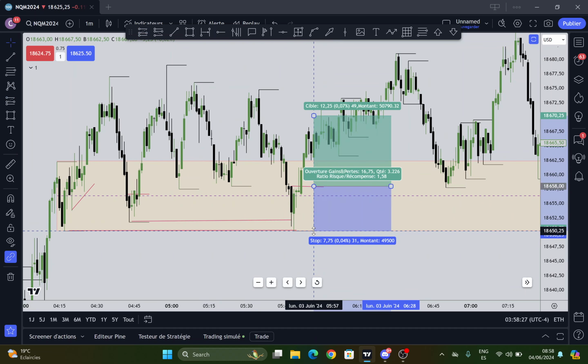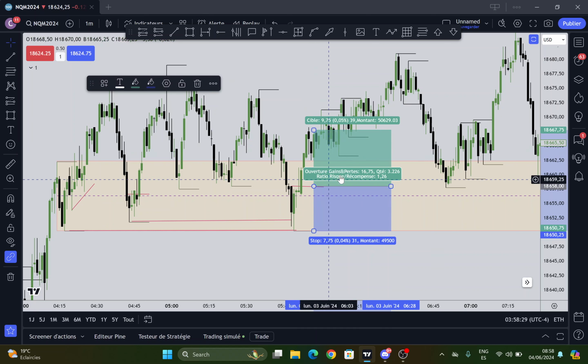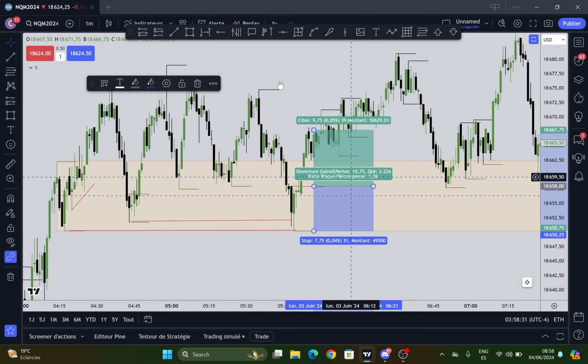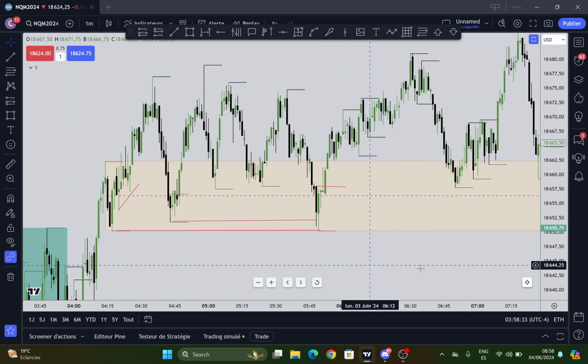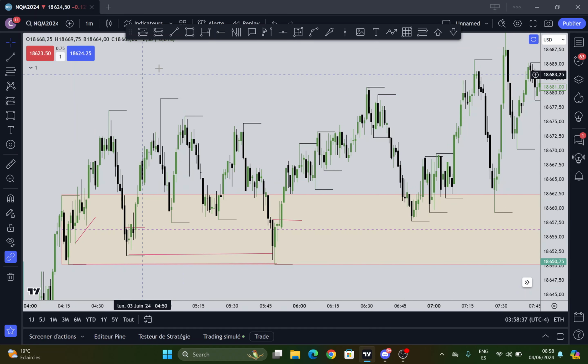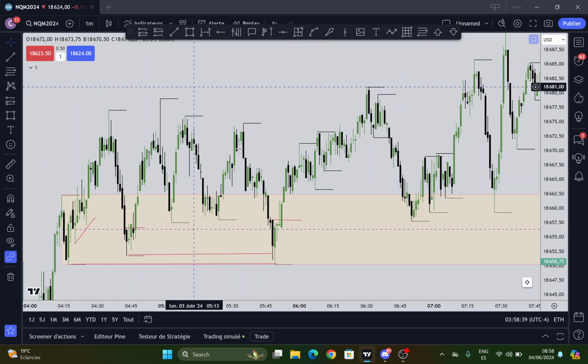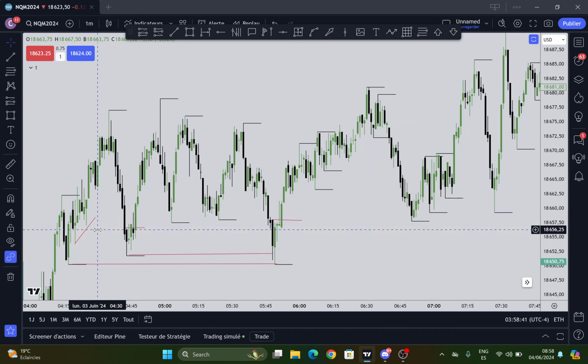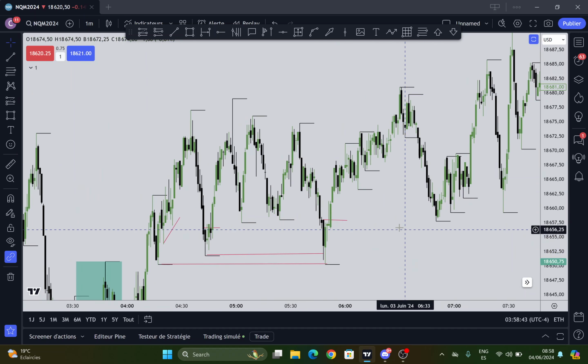I was about to take a 1-to-1 here, but it never happened. But something better happened, which was the creation of this zone. We created this zone.